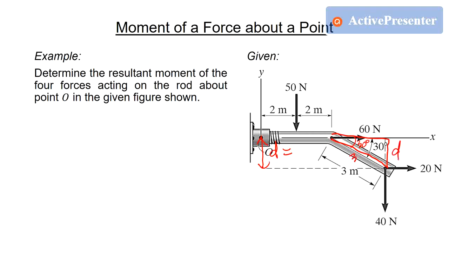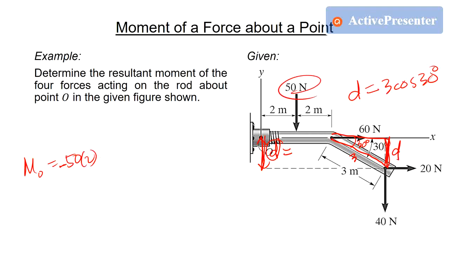So this is D also, which is the same as this one, because this distance right here is also the same as this one. So we have D equals 3 cosine 30. So the moment about point O is negative 50 times 2 for the 50 Newton force. 20 Newton is counterclockwise, so that is positive 20 times 3 cosine 30.